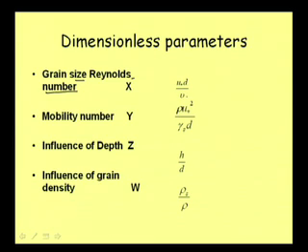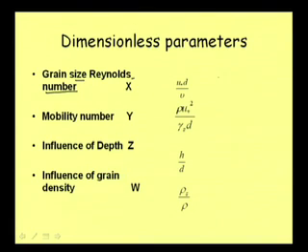We are using that already. When we were doing the Shields theory, we were talking about that particular value as shear Reynolds number. The same term we can name as a grain size Reynolds number, because in this Reynolds number our characteristic length is coming. The general expression of Reynolds number is basically u L by nu, or we can write rho v L by mu.